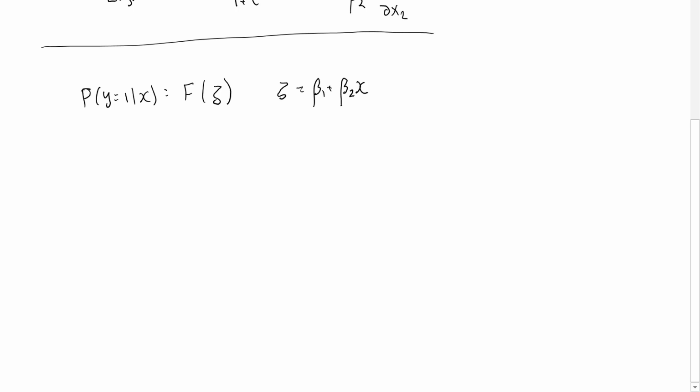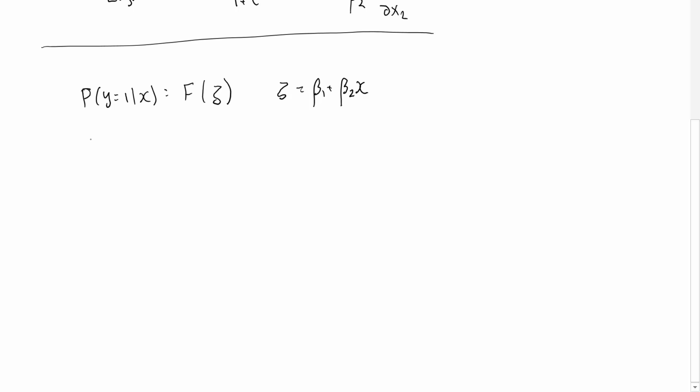What I want to figure out is when x increases a little bit, how does that affect the probability that y is equal to 1? That's the marginal effect. Think of this in the example terms where y equals 1 if you pass the exam. The question is, if you study 1 more hour, how much will that increase the probability of passing the exam?